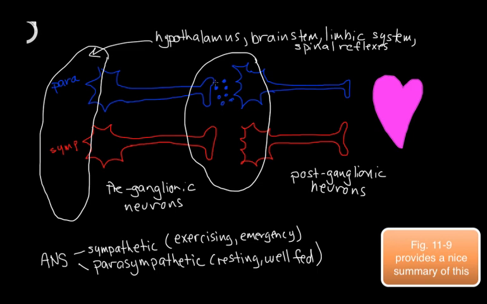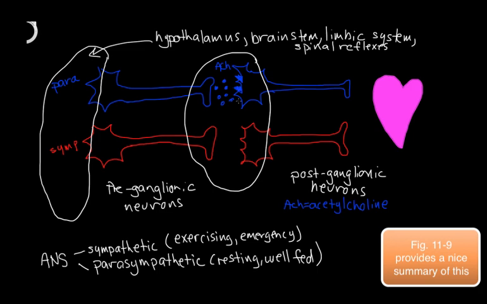And this neurotransmitter is acetylcholine. And I will put ACH equals acetylcholine, which of course has to bind with acetylcholine receptors on what we call the postganglionic membrane.